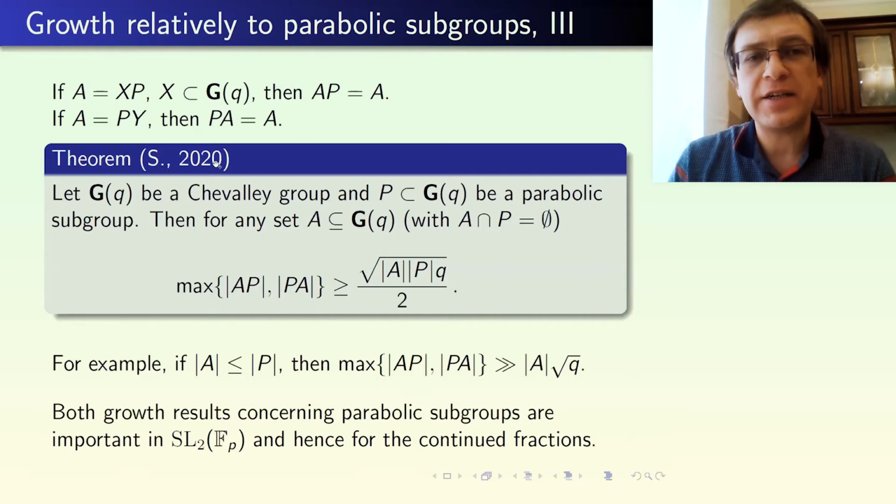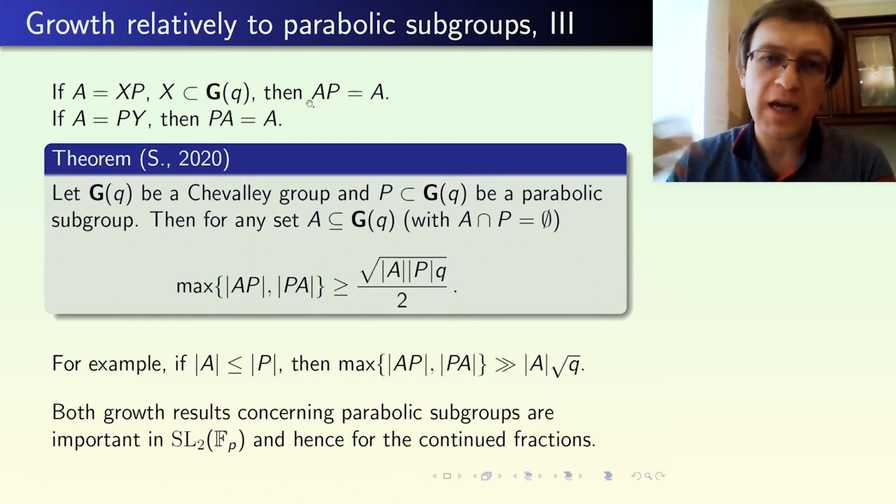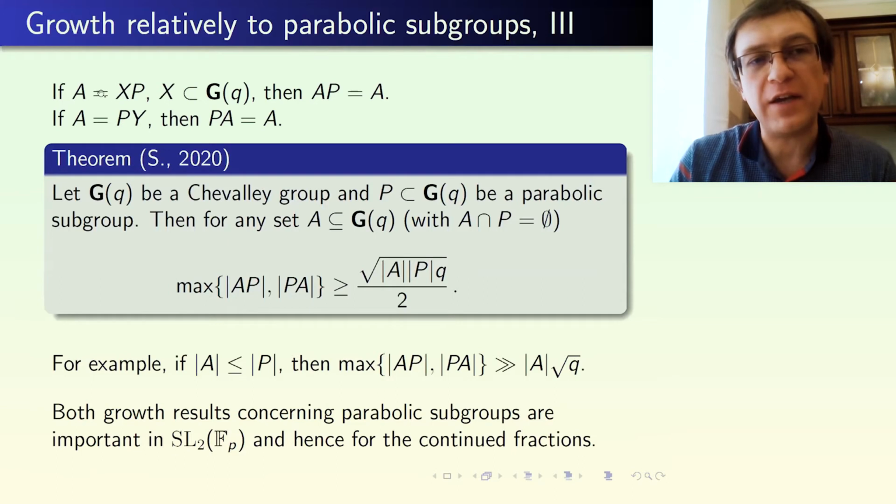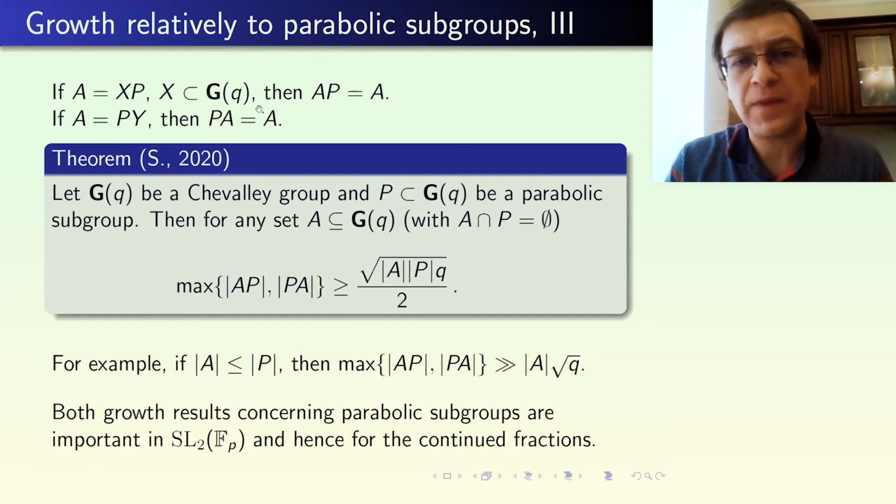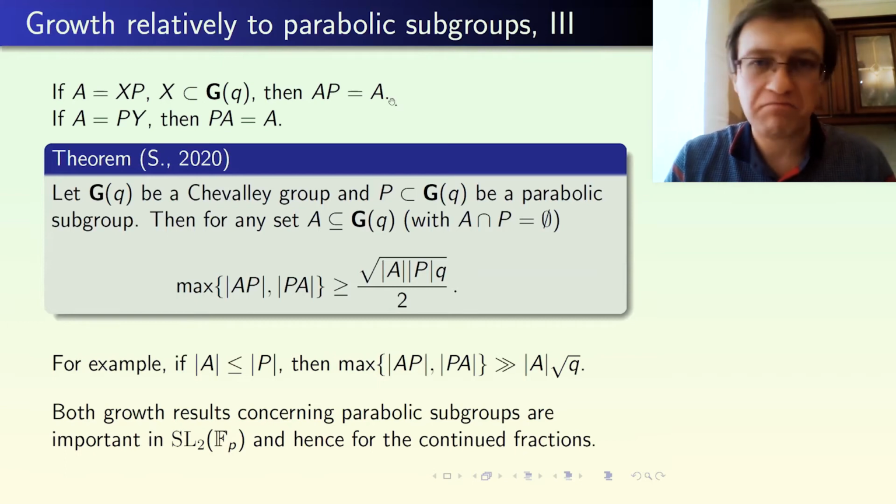Okay, another result about growth relative to parabolic subgroups is the following. I take any set A, and I want to say something about the product of A times the parabolic subgroup P. Of course, if A is of the form X times P, just a union of cosets of P, then A times P is A, so it doesn't grow at all.